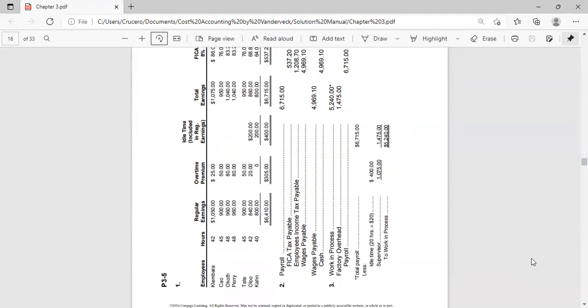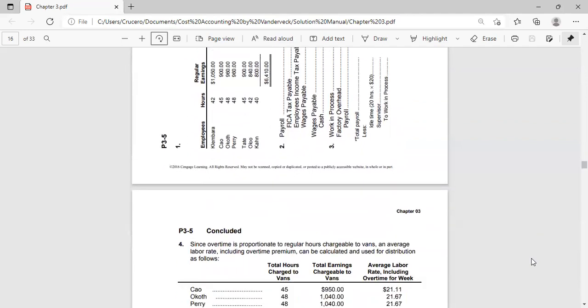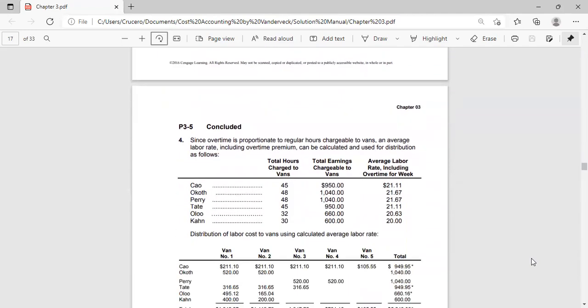And now we have to allocate in the case of here. We are including here the total earnings chargeable to vans, and we divide by the total number of hours. So we have the average labor rate, including the overtime for the week, and the distribution of the labor cost to vans using the calculated average labor rate for Cow for van number 1.